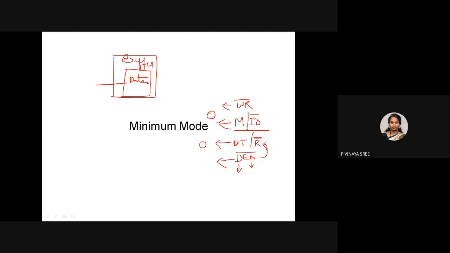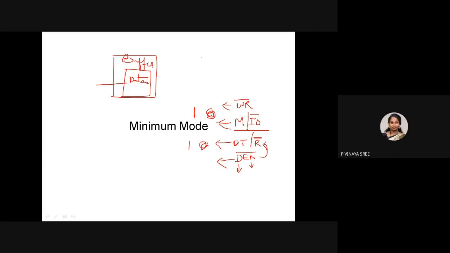Instead of this 0, if I place 1 here, then what happens? Data is received from memory. Then if I place 1 here, the processor is transferring the data.